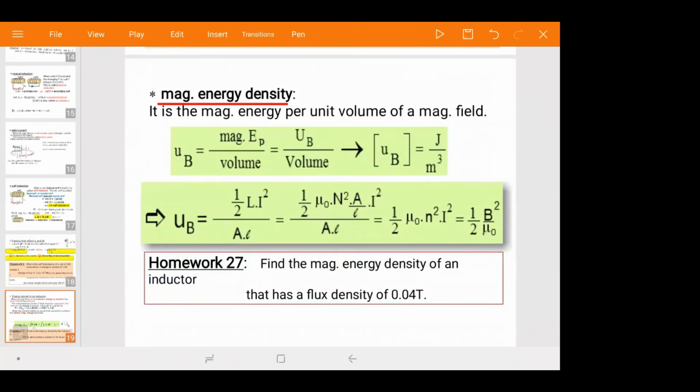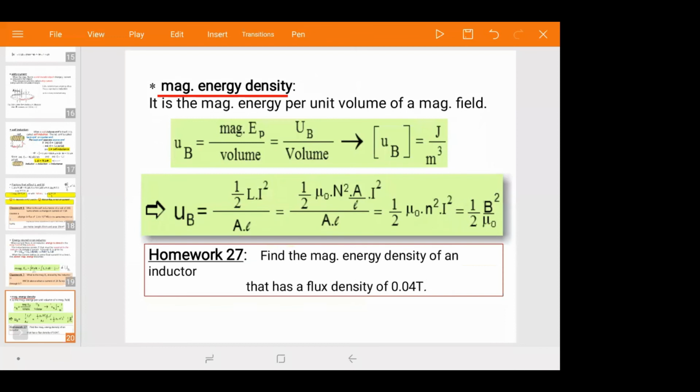Now one more interesting topic, which we can do together. Magnetic energy density. The word density in physics, I told you, means some physical quantity divided either by length or area or volume. This time it is volume. Why?